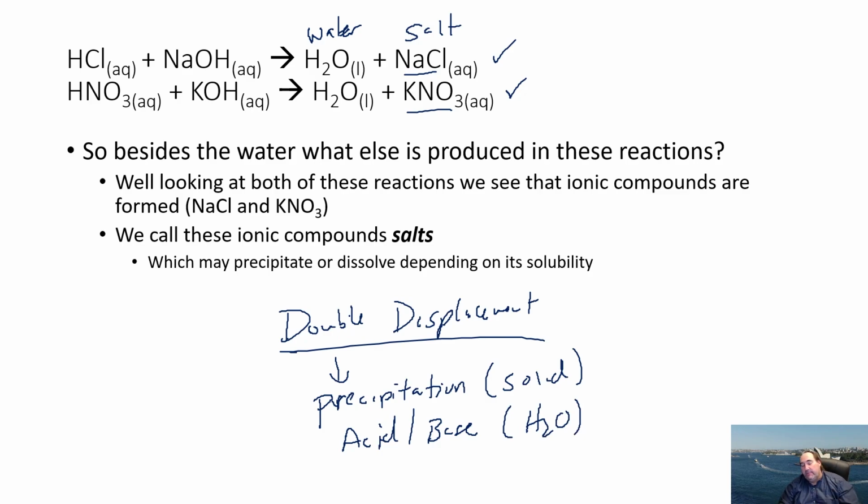So double displacement, once again, is sort of the big umbrella of classifications, with more specific classifications of double displacement reactions being a precipitation reaction and also an acid-base reaction. And they cover, again, 2 of the 3 reasons why a reaction takes place.